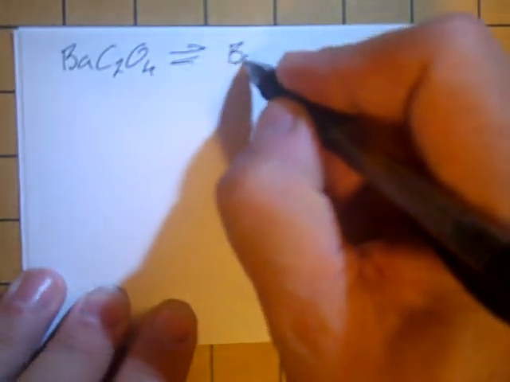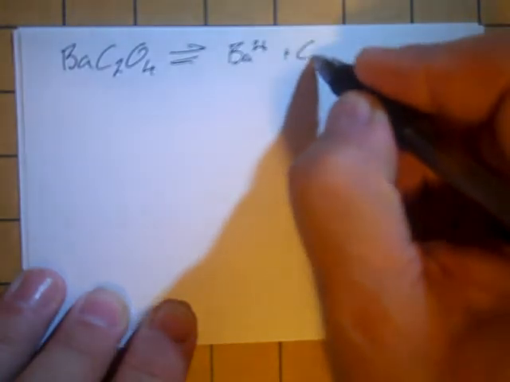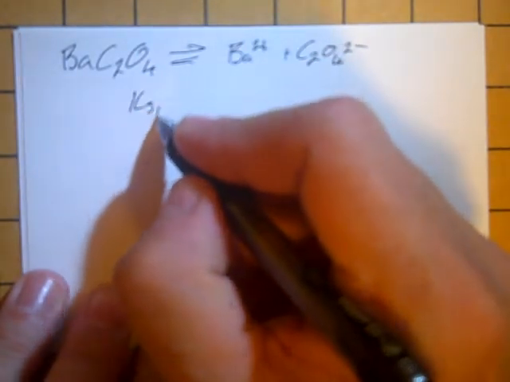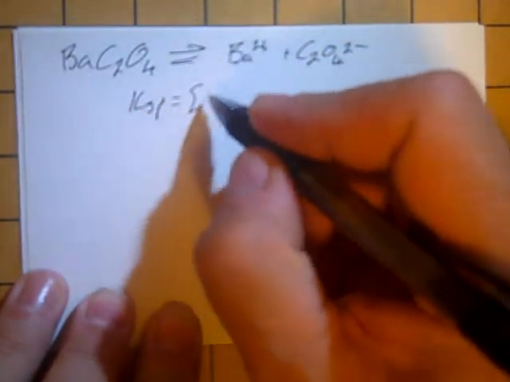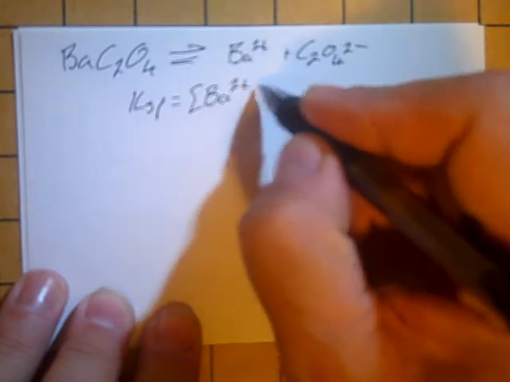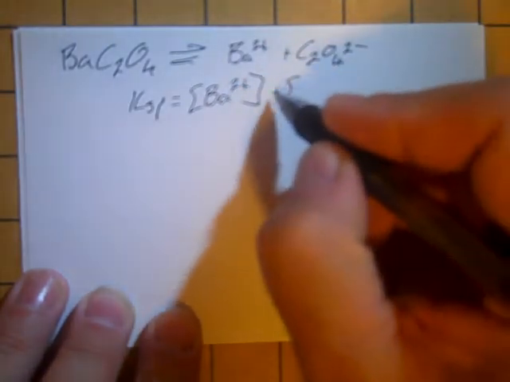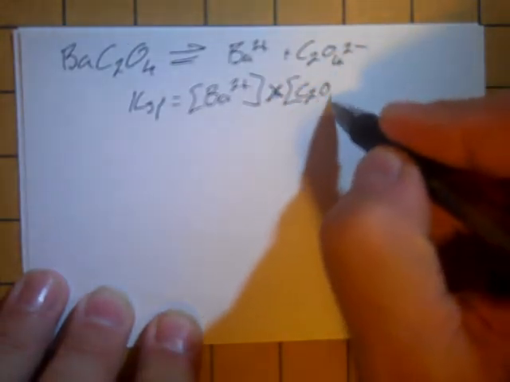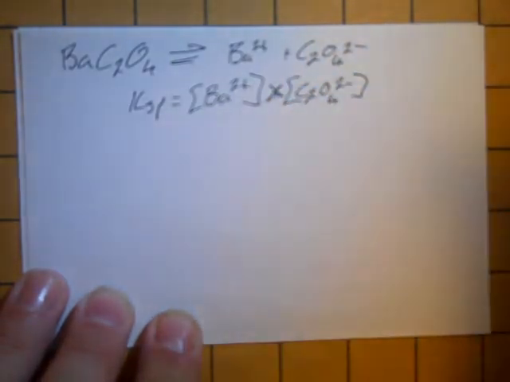So if we check that out, we have barium oxalate, which would break up like that, and have a Ksp equal to the concentration of barium times the concentration of oxalate.